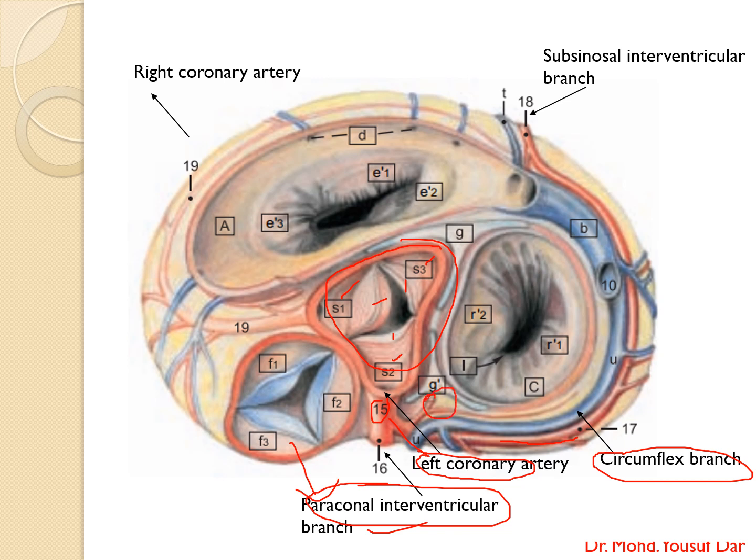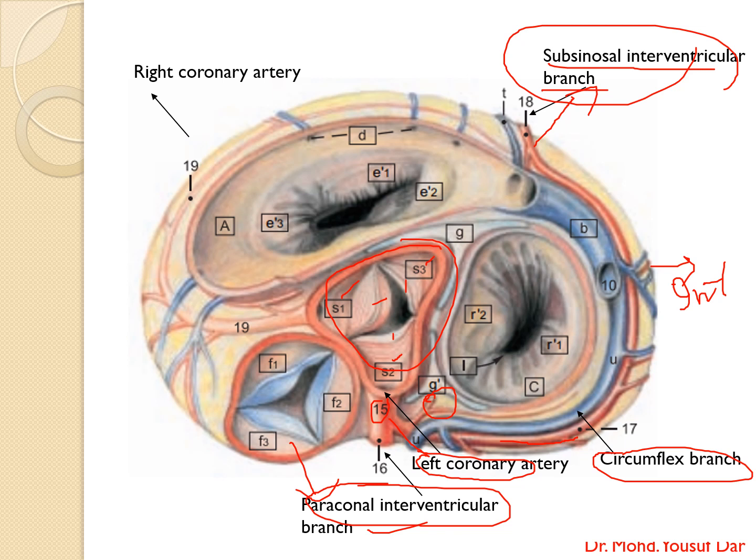Here this is the septal branch that supplies the interventricular septum, and this is the intermediate branch that runs in the intermediate groove. When it reaches the right longitudinal groove, it gives the subsinusal interventricular branch that runs in the right longitudinal groove. So this was about the left coronary artery.